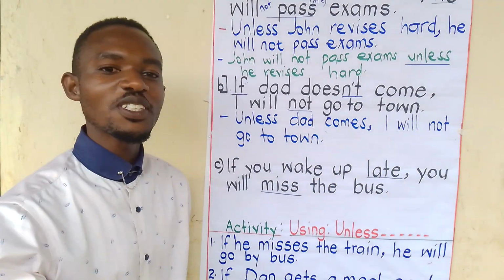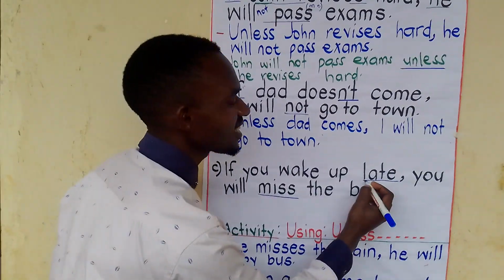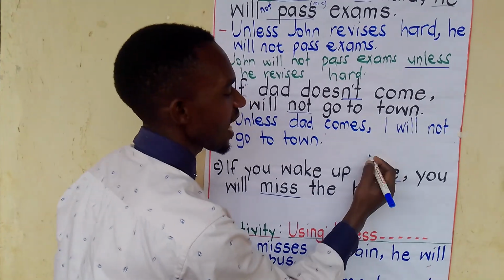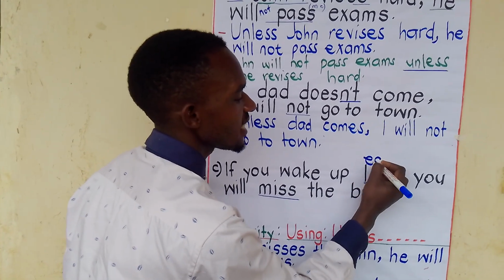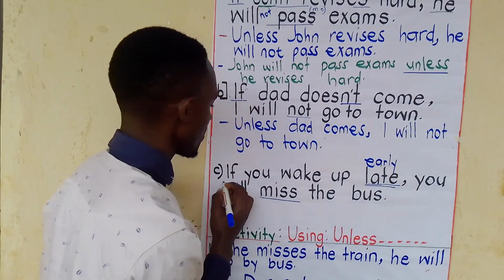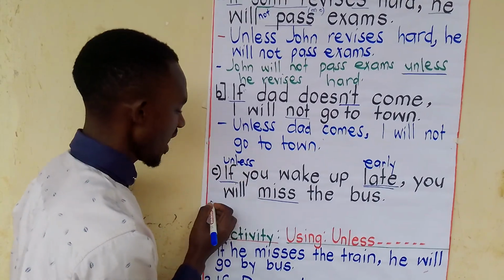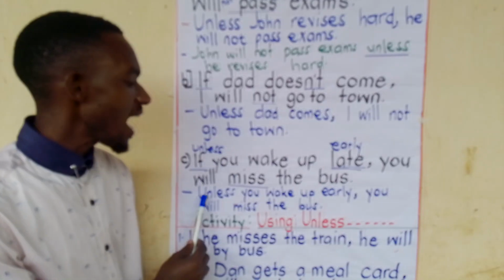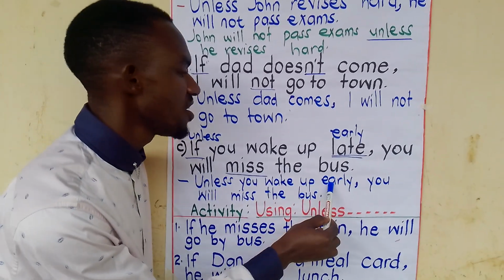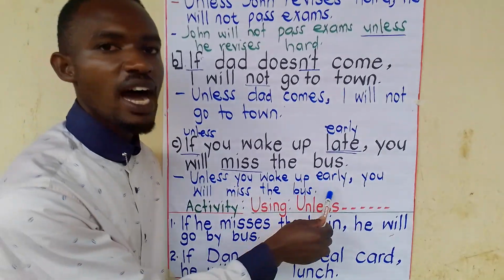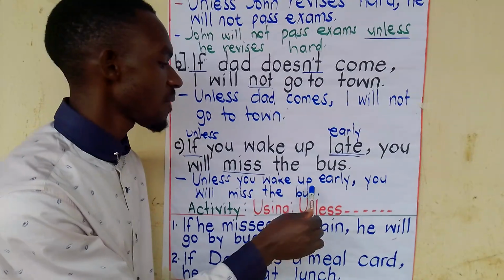We go to the if clause, change the first word and bring its opposite, and the opposite of late is early. And we replace if with unless. And so our answer is, unless you wake up early, you will miss the bus.